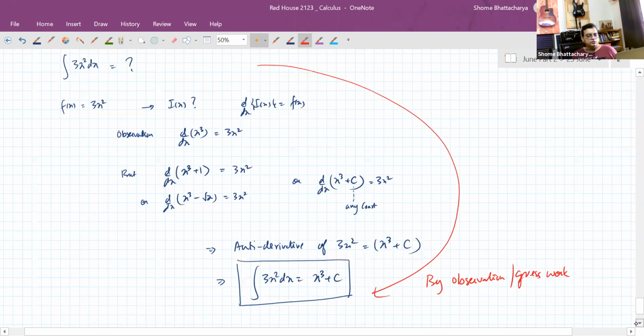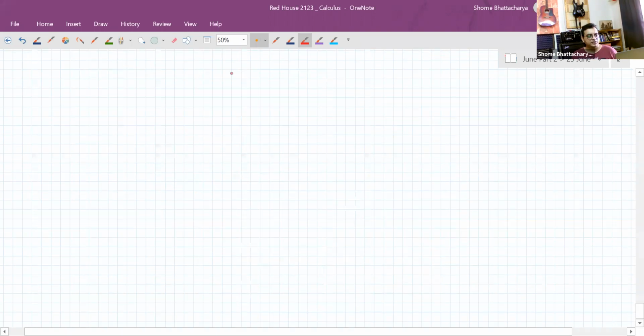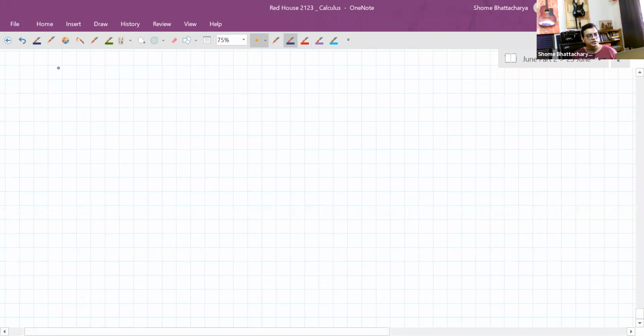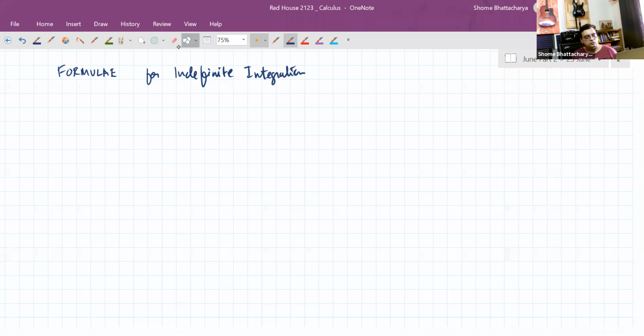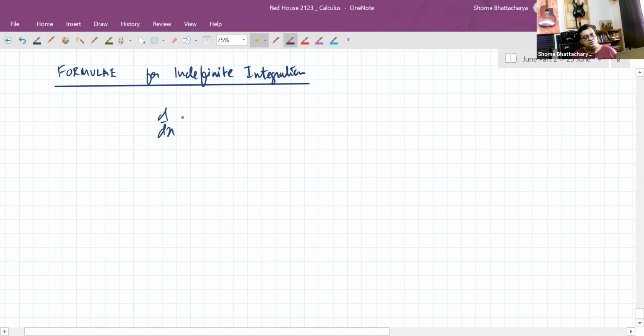But now, based on the formulae of differentiation that we know, we can develop some formulae of integration. So see, we know that differentiation of x to the power n is n x to the power n minus 1.